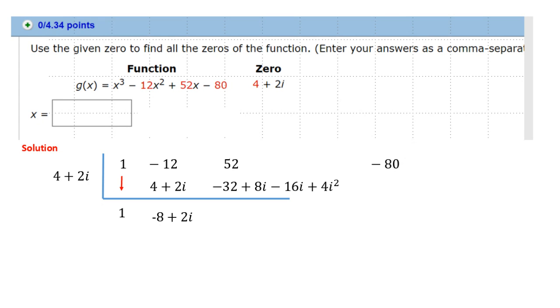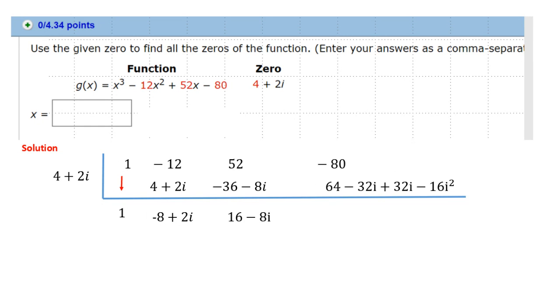And this i squared is a negative 1 times a 4, gives me a negative 4. I'm going to add negative 32 and negative 4. Negative 36 minus 8i. So 52 plus negative 36, 16 minus 8i.